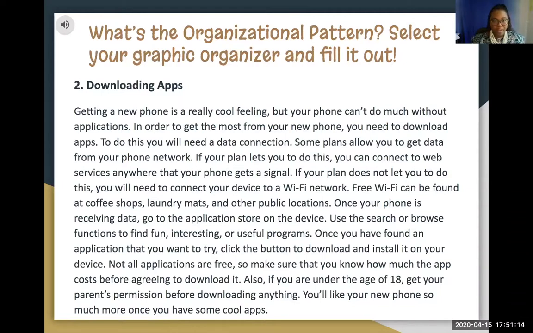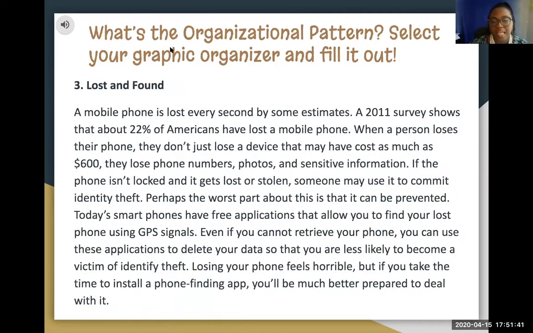Remember what we're doing. 1, figuring out the organizational pattern. 2, you have to highlight or circle or find your signal words to help you to figure out which organizational pattern it is. And 3, we're going to make our graphic organizer and fill it out. Give yourself enough space. Don't make your box super tiny. I suggest writing out what you need first and then drawing your boxes. Okay? The next passage is about lost and found.